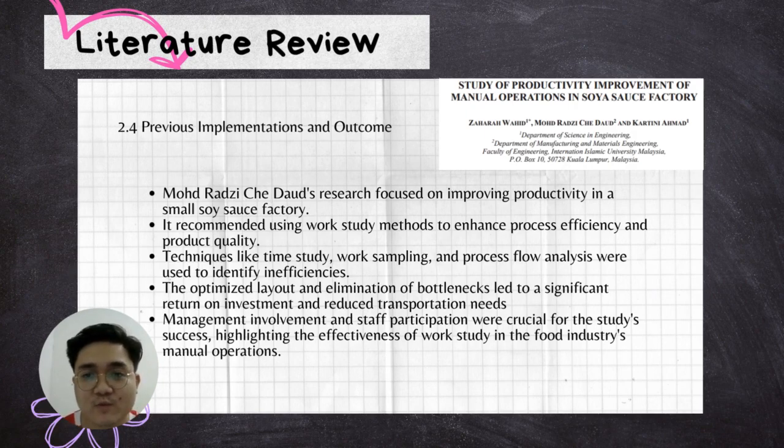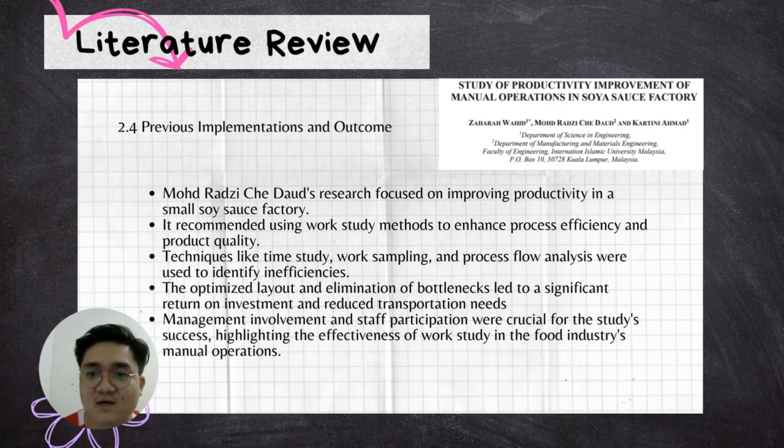So in 2.4, previous implication and outcome, one of the studies, by Muhammad Razi Chidaud, research focused on improving productivity in a small soy sauce factory. It recommended using work study method to enhance process efficiency and product quality. Techniques like time study, work sampling, and process flow analysis were used to identify the inefficiency.